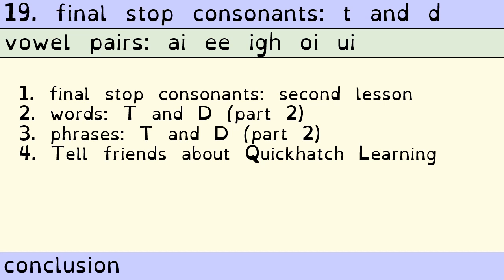Today is part 2. We practiced words with T and D coming after vowel pairs. 3. Phrases, T and D, part 2. We practiced phrases using the words T and D appearing after vowel pairs.